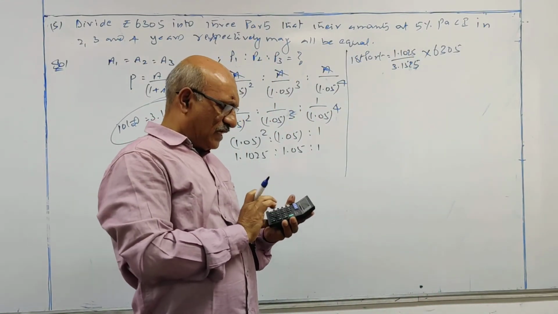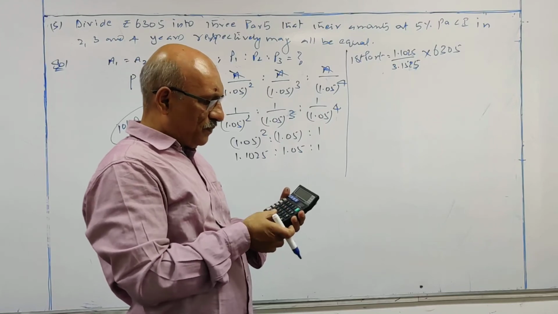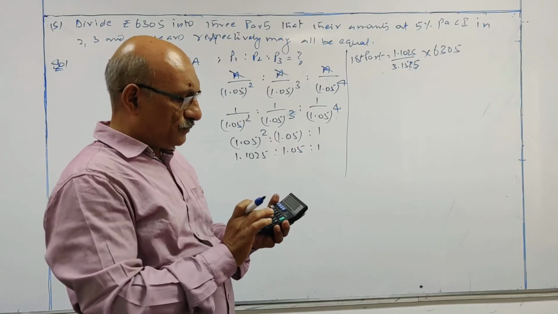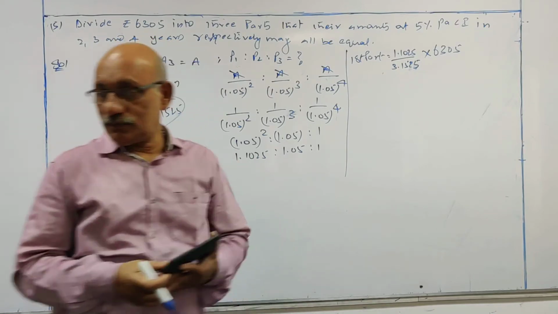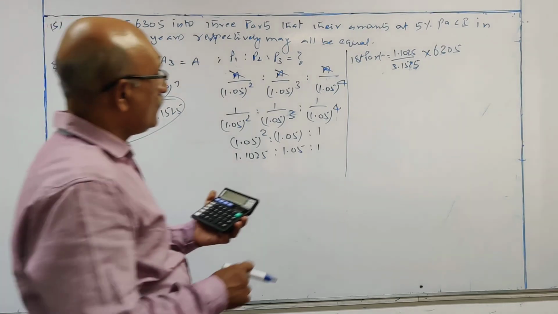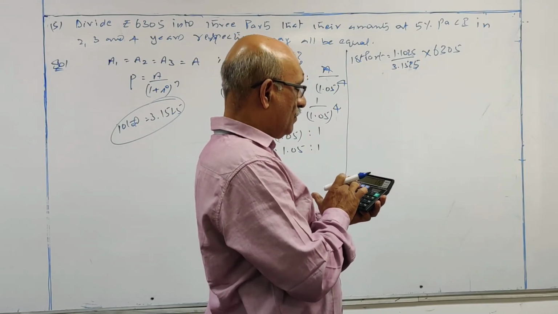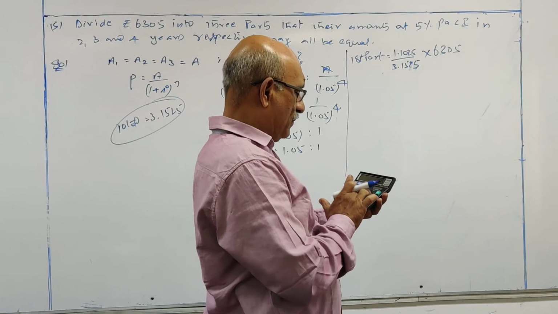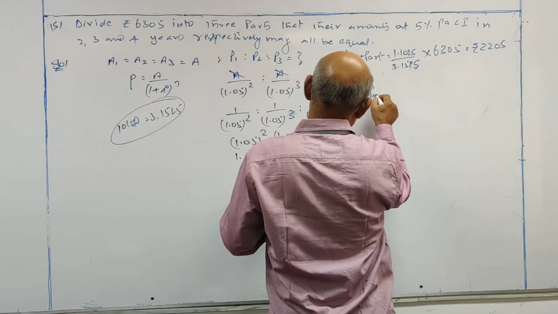Now 6305 divided by 3.1525 is 2000, into 1.1025, this is rupees 2205.